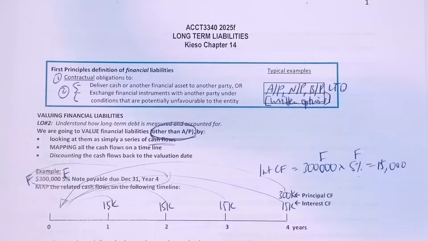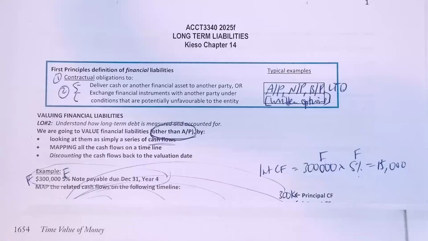Okay, so for everybody else who's using the PV tables, my present value factor: I take my interest rate, which is 5%, and my number of periods, which is 4 years.